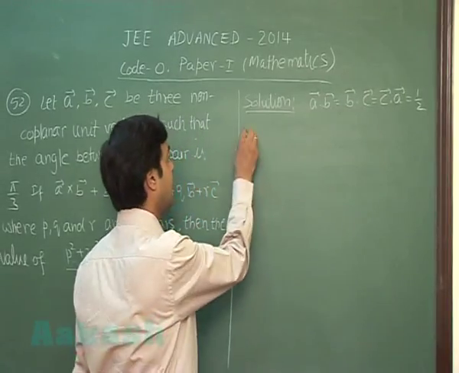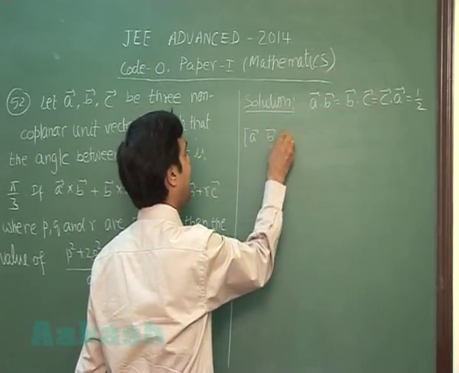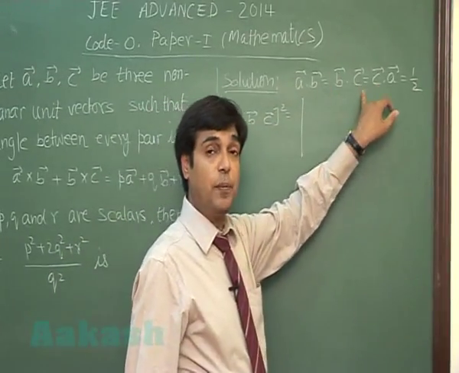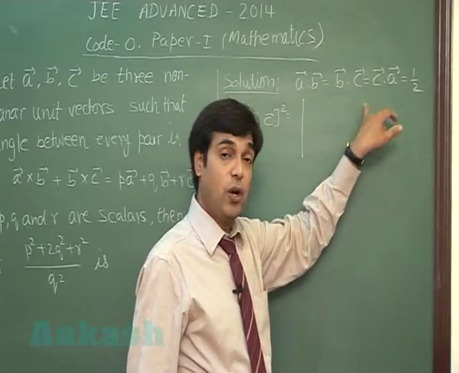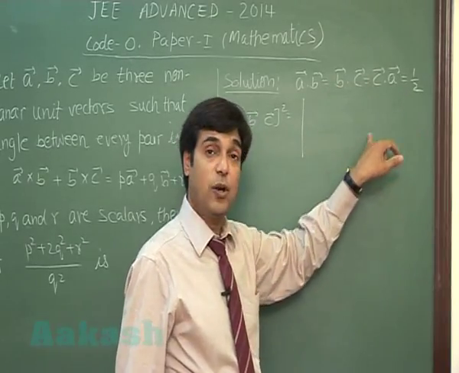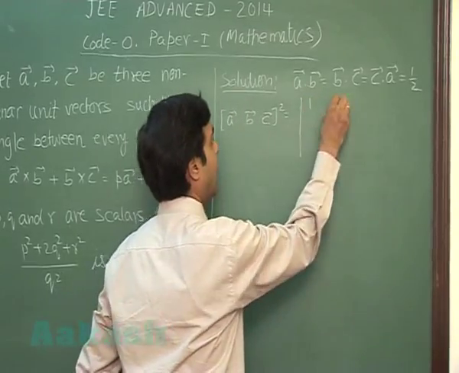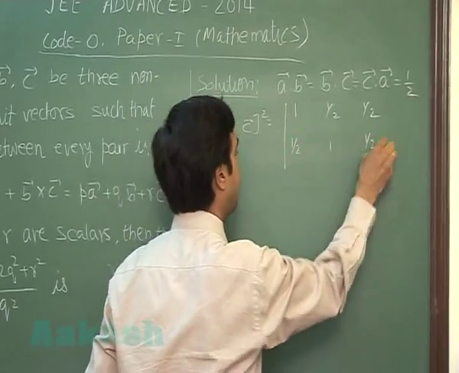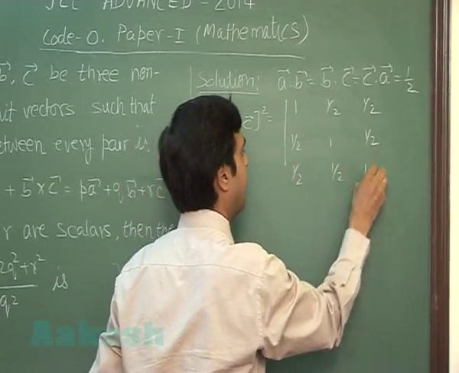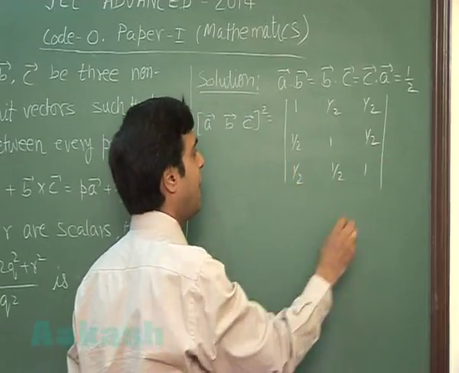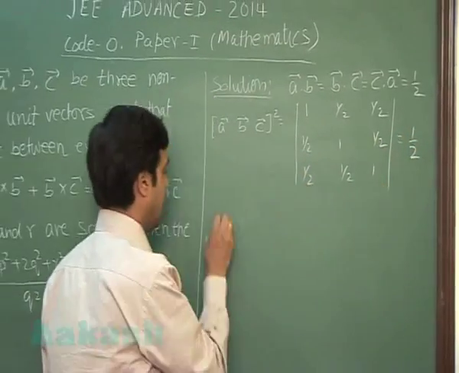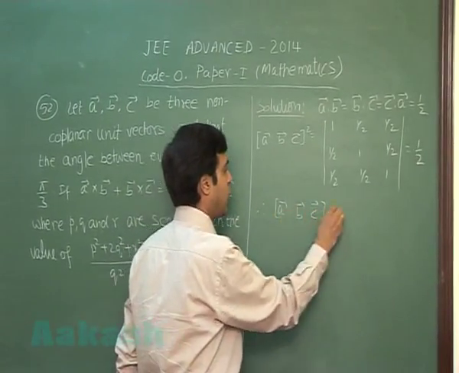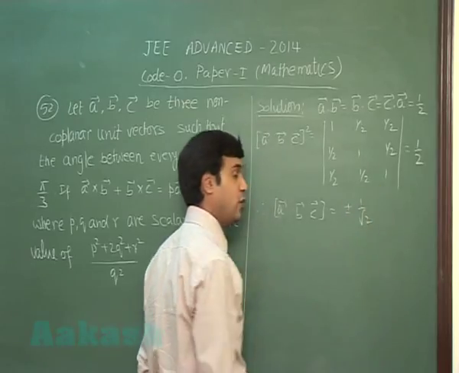Now we can find the scalar triple product [A B C] square, which is given as the determinant of A dot A, A dot B, A dot C, B dot A, B dot B, B dot C, C dot A, C dot B, C dot C. It will become 1, half, half, half, 1, half, half, half, 1. Simplify it, it gives me half. So scalar triple product [A B C] equals plus minus 1 by root 2.